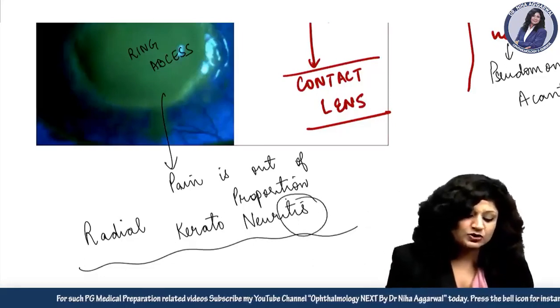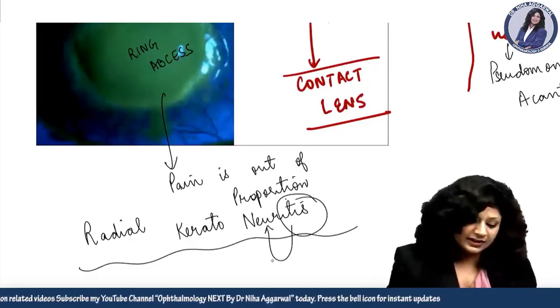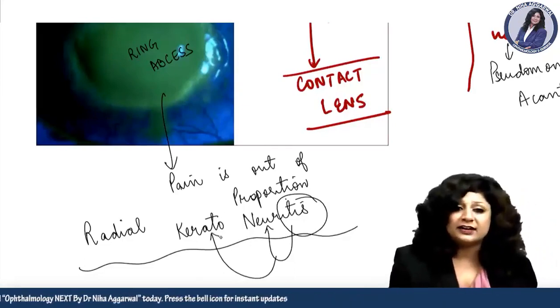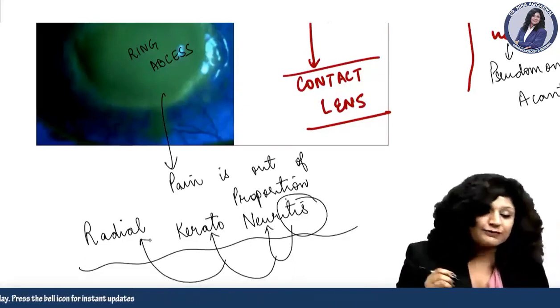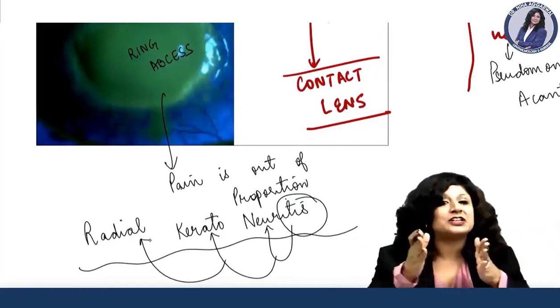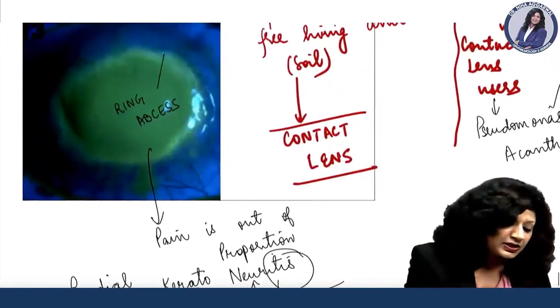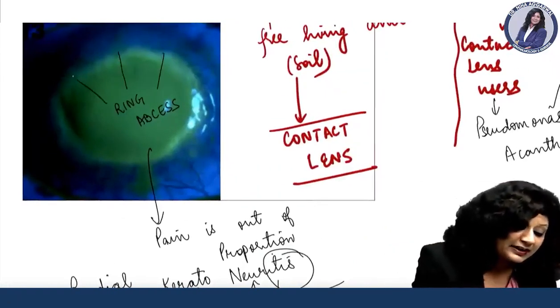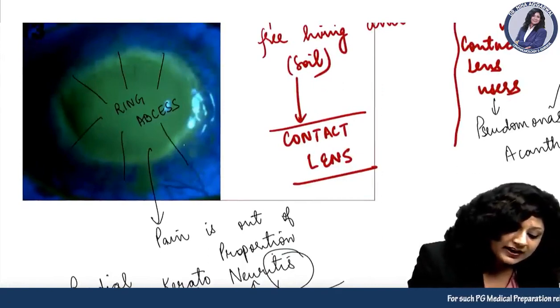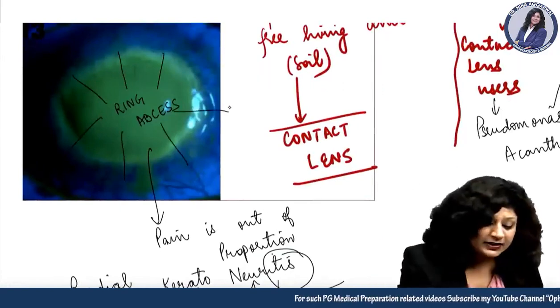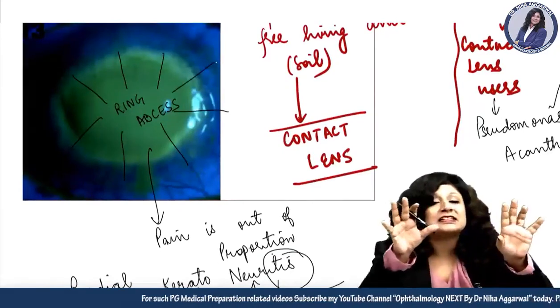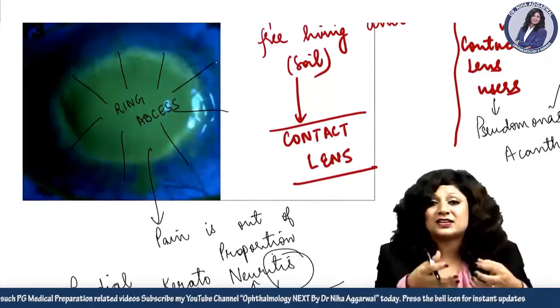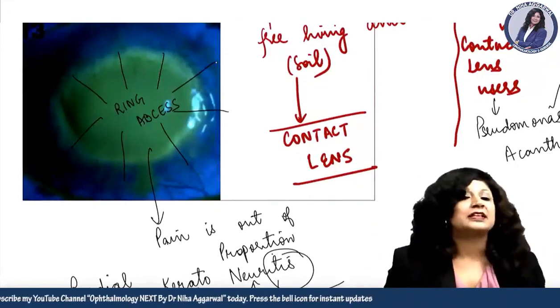Neuritis means inflammation of the nerve. Which nerves? Kerato means corneal nerves. The corneal nerves are spread in a radial fashion, that is why there is inflammation also in a radial fashion, and this is leading to the radial keratoneuritis, very severe pain in this patient.